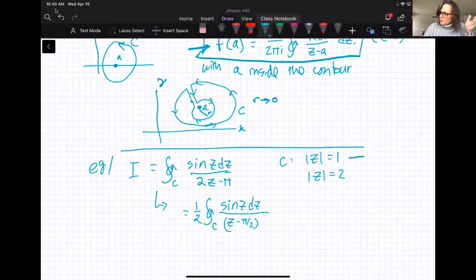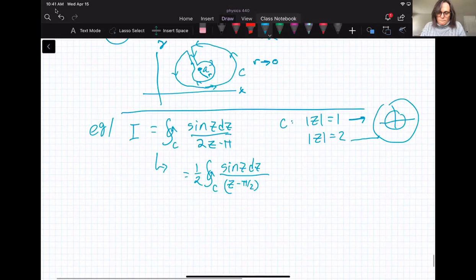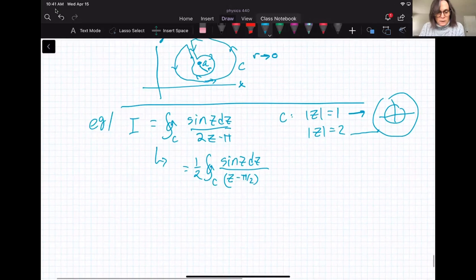So if we use this contour, the singularity is not inside the contour. If we use this contour, it is. Okay. So what do we do with this?